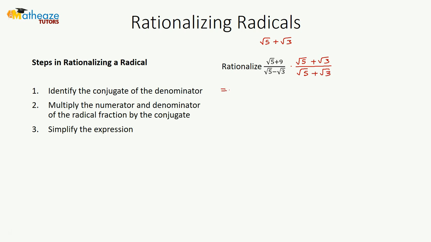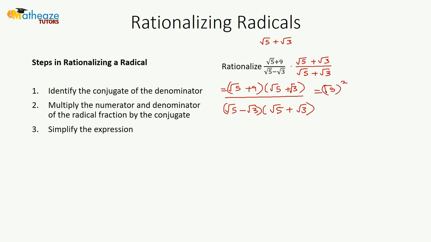So this is going to give us square root of 5 plus 9 times square root of 5 plus square root of 3, divided by square root of 5 minus square root of 3 times square root of 5 plus square root of 3. So now we're going to apply FOIL. So look at square root of 5 squared.